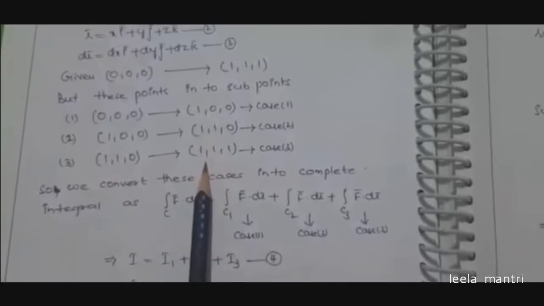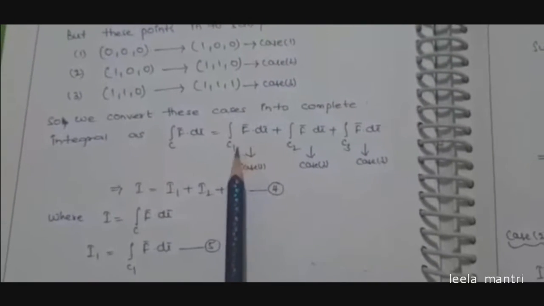Whatever the terminal point is for case 1, it is the initial point for case 2. Similarly, the terminal point of case 2 is the initial point of case 3. In case 3, we have 1, 1, 0 to the terminal point 1, 1, 1. Now we are going to convert the line integral according to the cases.